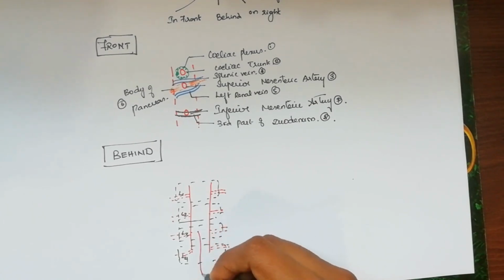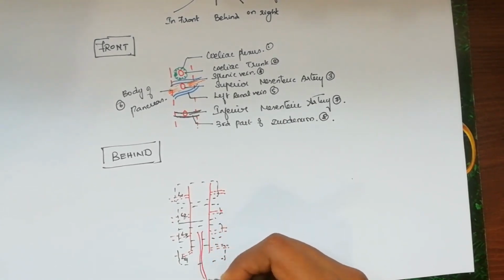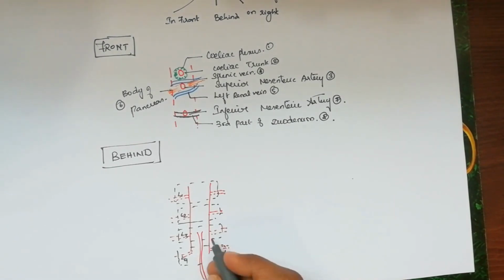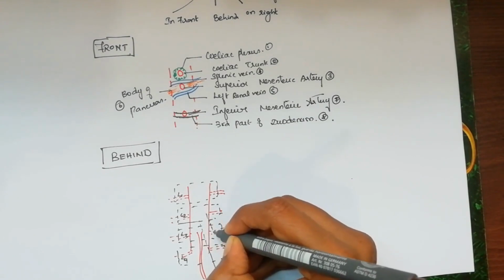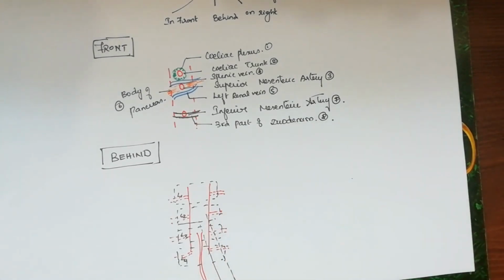Along with that, one artery arises from the posterior aspect in the midline, the median sacral artery. On the left side we have a small part of a muscle called the left psoas major muscle, which is also related.